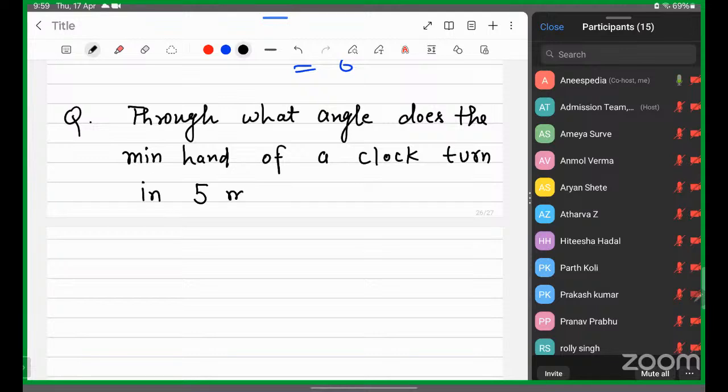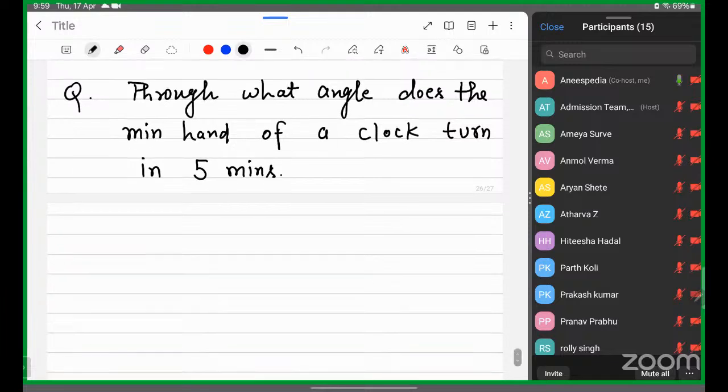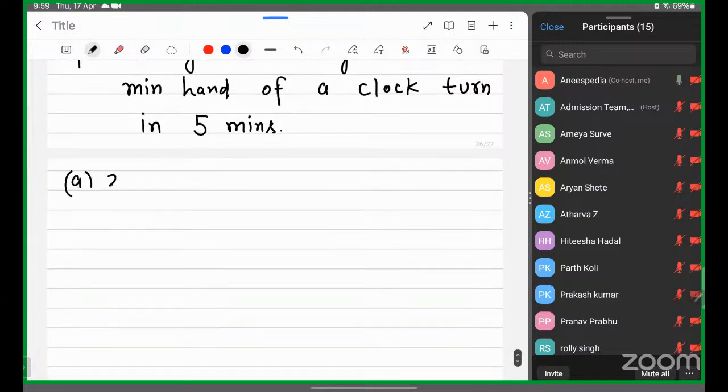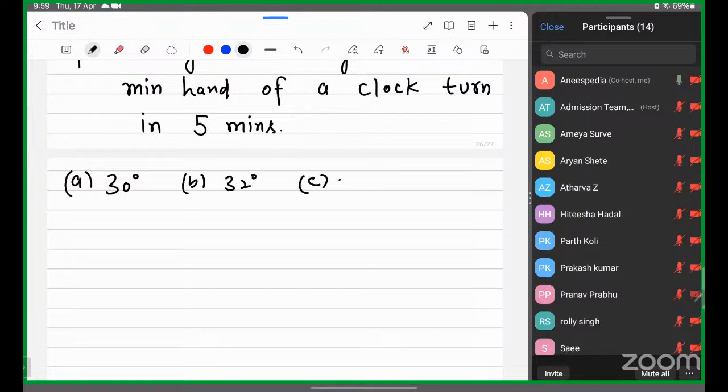Options are 30 degree, 32 degree, 35 degree, and 36 degree.